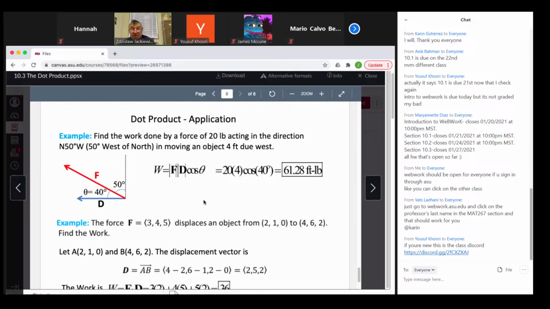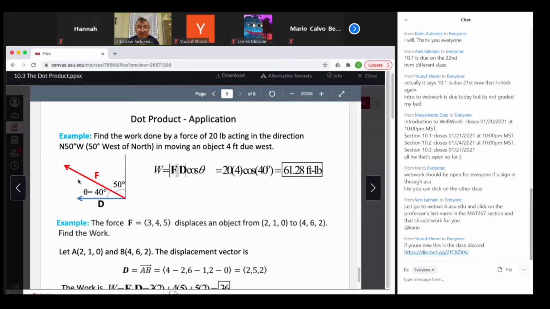This is horizontal to the east, horizontal to the west. So that's assumption. We know that the object is moving west in horizontal motion. And if this angle is 50, of course, the angle between force and displacement is 40 degrees. So of course you see that the force points in the same direction as D, so certainly you should get positive answer.